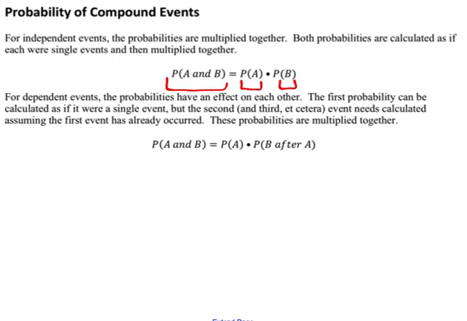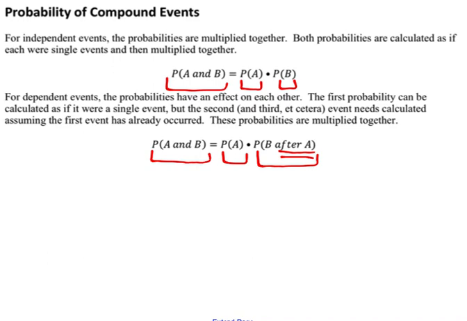Probability of A and B would be the probability of A multiplied by the probability of B, assuming A has already happened. And that we have to assume A has happened because in dependent events, the outcome of the first event does have an effect on the probabilities of the second event.